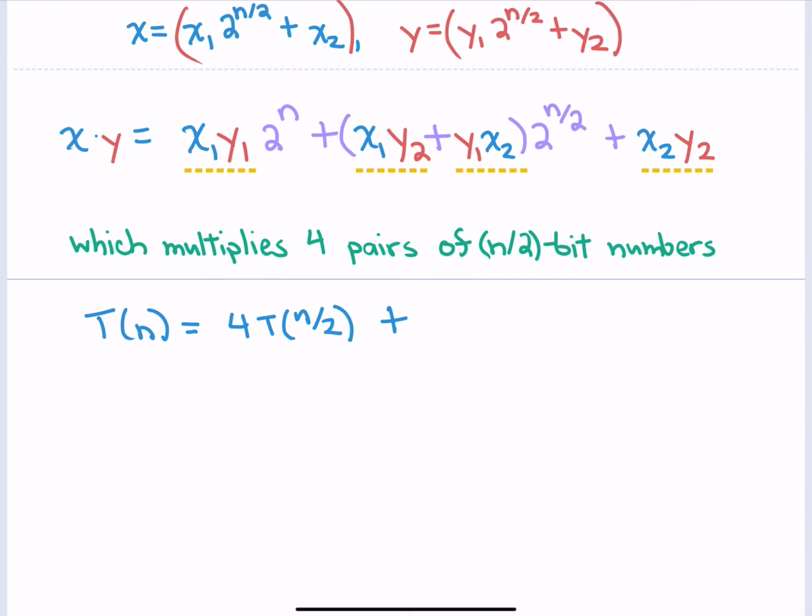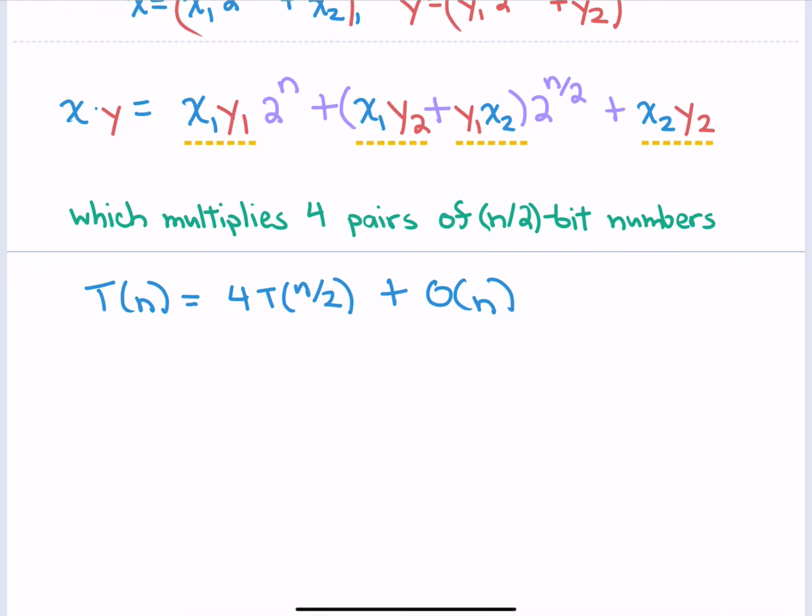Yeah, a constant, except we're just doing some addition. So once we have the multiplication, the bit shifting is also relatively not so bad. You're just adding up some numbers, right? But it's not actually constant. It's n because here we're focused on the bit complexity, so you're adding up n bits. So we're going to keep track of that. So in terms of bits, it's going to be big O of n.